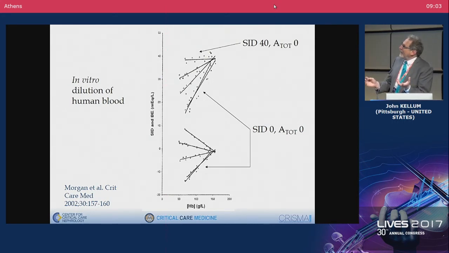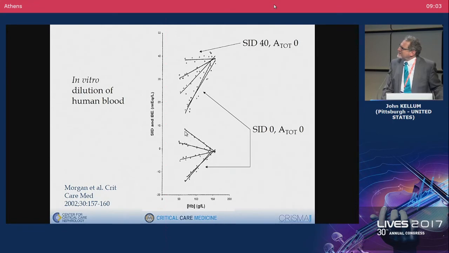And this is what they got, and what they found was that if you used an artificial solution, because we don't have one on the market like this, that has a strong ion difference of 40, no a-t-o-t-e because it's just crystalloid, you could keep the strong ion difference completely stable in the blood. The base excess here would actually go up because you're getting a dilution of the weak acids, which is the other half of the equation that I mentioned.